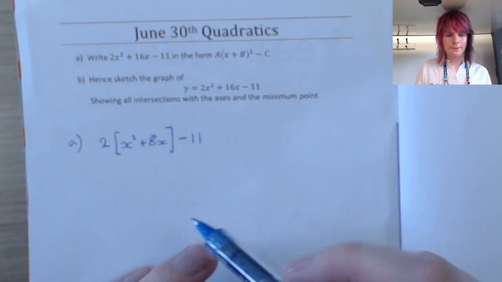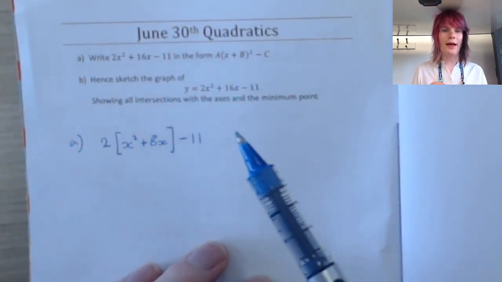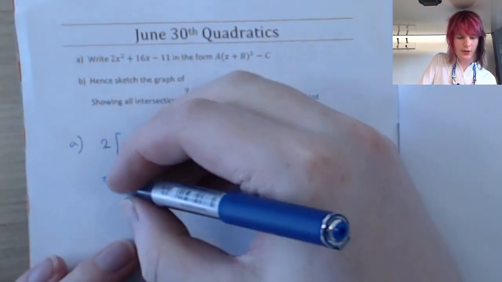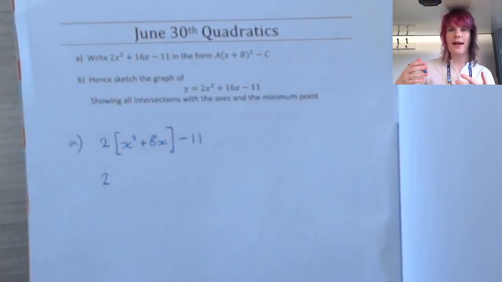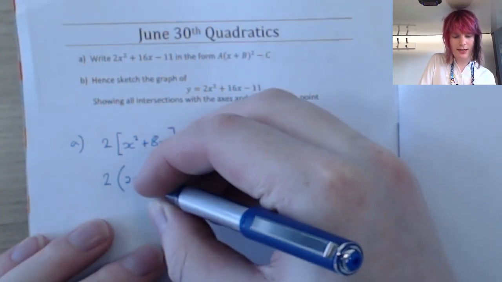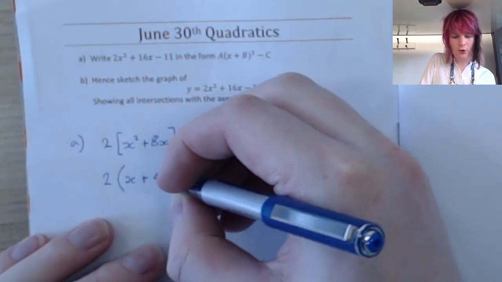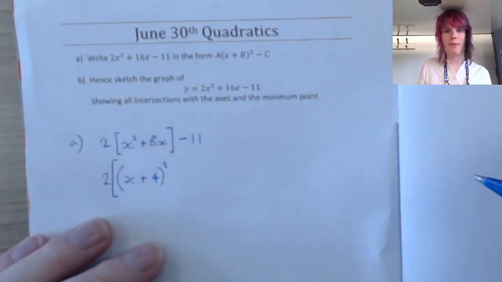So we're nearly there. We now need to get our (x plus b) all squared. And the way we do this is we're going to split this 8 term, so this 8x, in half. So we are going to get an (x plus 4) squared. Now this is still in our square brackets, remember.